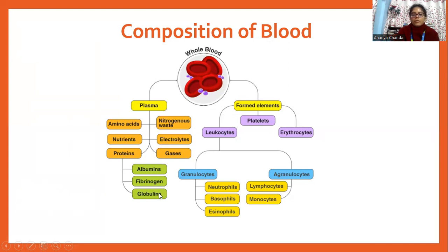These proteins are comprised of albumins, fibrinogens, and globulins, and they help in the immune system and the blood clotting mechanism. The formed elements comprise erythrocytes, that is the red blood cells, leukocytes, that is the white blood cells, and the platelets. The leukocytes are divided into granulocytes and agranulocytes. Granulocytes comprise neutrophils, basophils, and eosinophils, and agranulocytes comprise lymphocytes and monocytes.